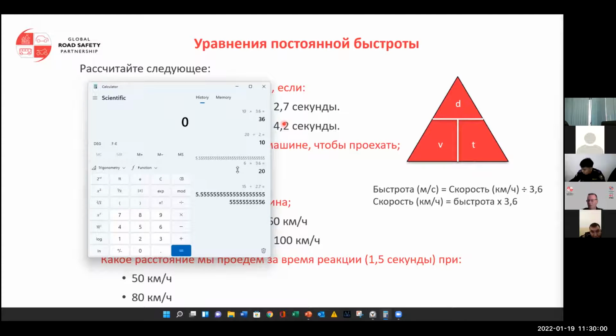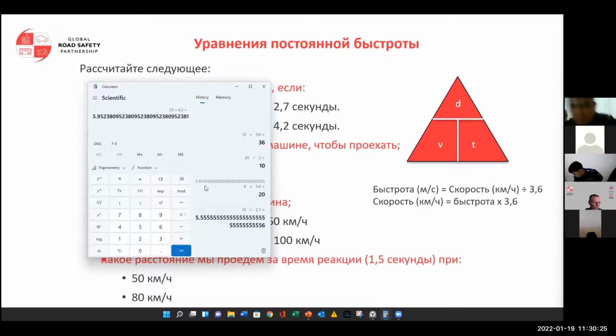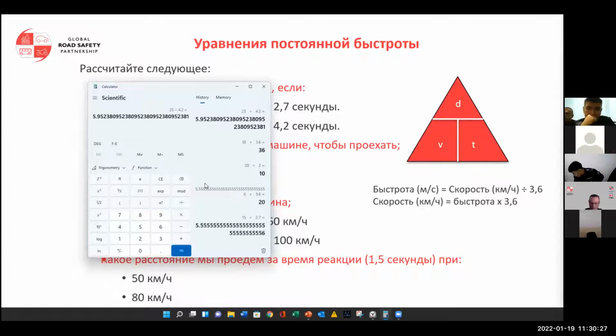Same question, what speed is the car traveling at if it travels 25 meters in 4.2 seconds? So once again, we're given distance and time. Let's do our division. So 25, let's clear my screen, 25 divided by 4.2 equals 5.95 meters per second.